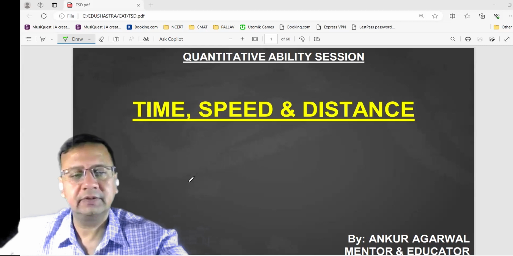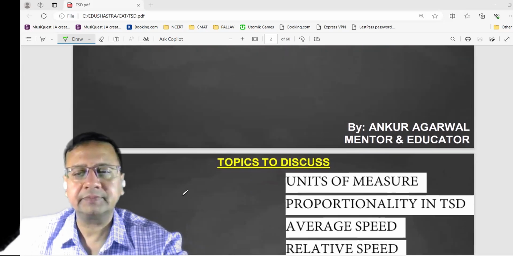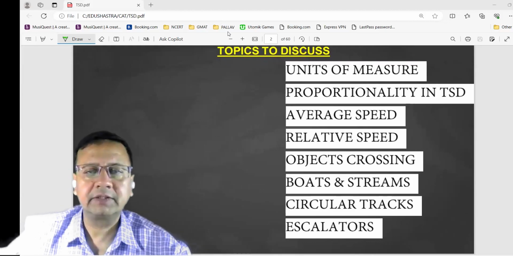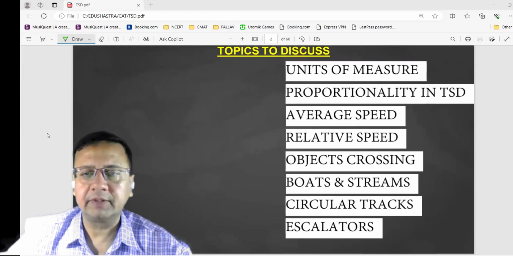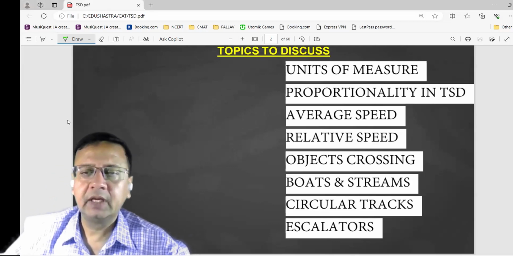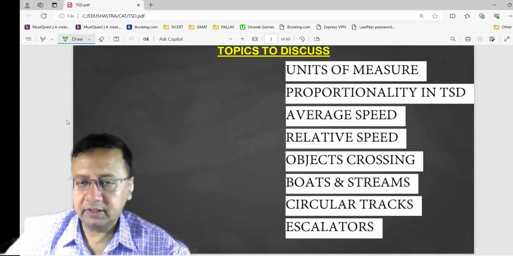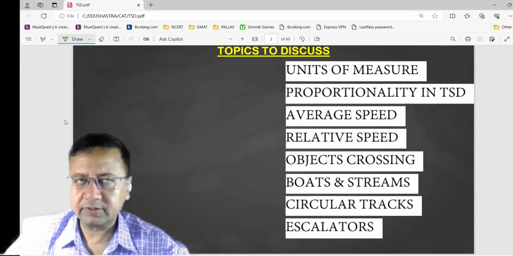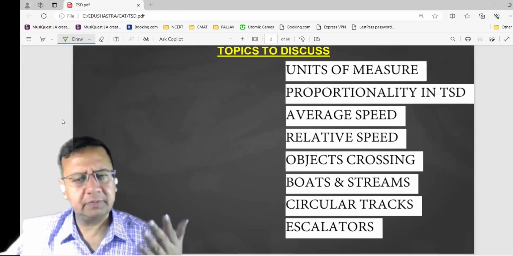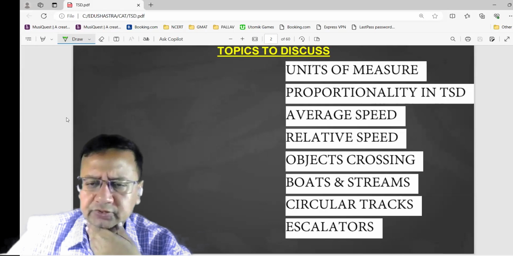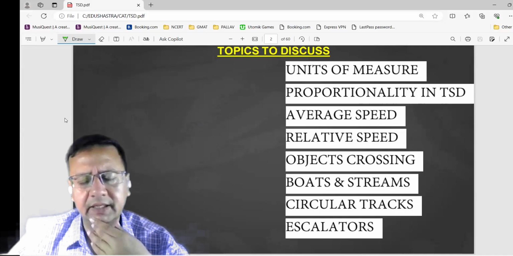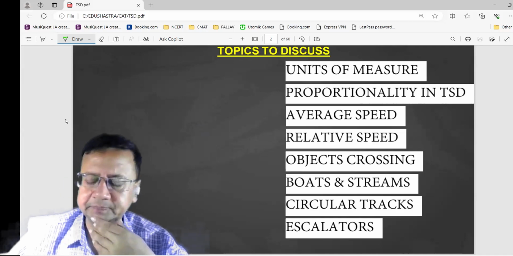So okay, moving further with this part. First, these are some topics which will be there in this chapter: units of measurement, proportionality, average speed, relative speed, objects crossing, bus, train, bike, car, persons, right? Boats in a stream, circular tracks, so circular or linear, and escalators, right?